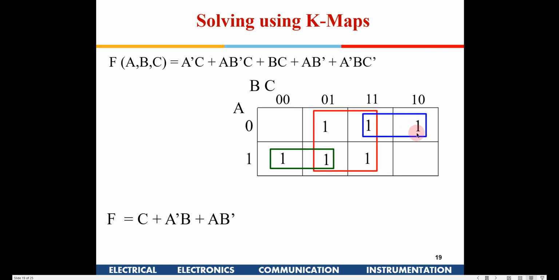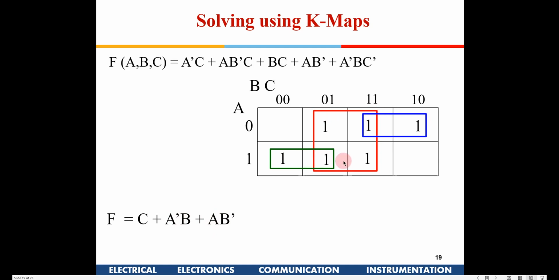But if I make a blue box like this, it will be a dash and a dash b, because c is changing. So a dash b, and corresponding to this green box, I will have a and I see b is 0, c is changing. So a b, it is a b dash. So this is a b dash, this is a dash b here.